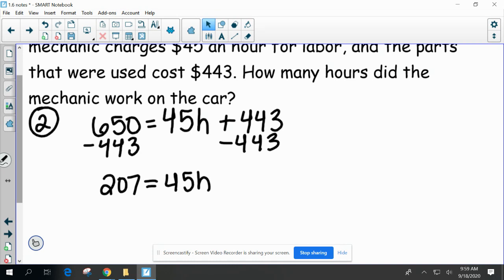And then what do I do next? Divide by 45. So H equals 4.6. So it took that mechanic 4.6 hours to repair that vehicle.